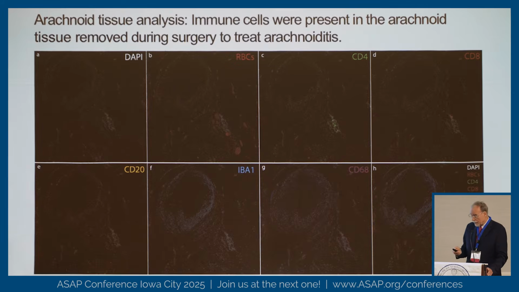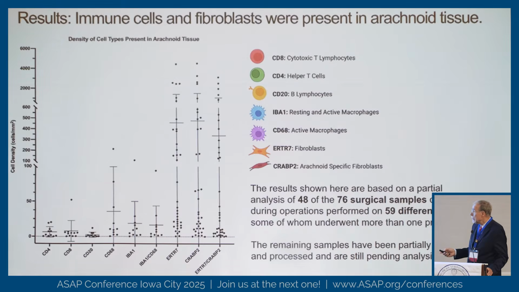So Chantal stained for all these inflammatory markers, and you could see in the tissue, in the arachnoid tissue, there are all these markers of inflammation, even though the white count was low before surgery.